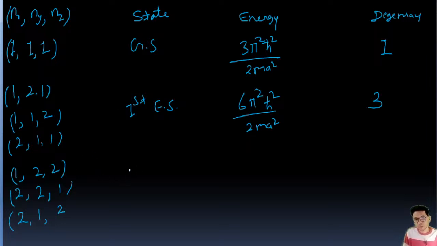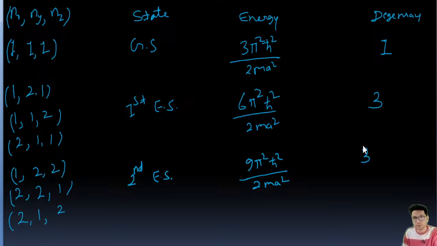So this is for the second excited state, and the energy is going to be 4 + 4 + 1 = 9, so 9 pi square h cut square upon 2ma square, and the degeneracy is going to be 3.